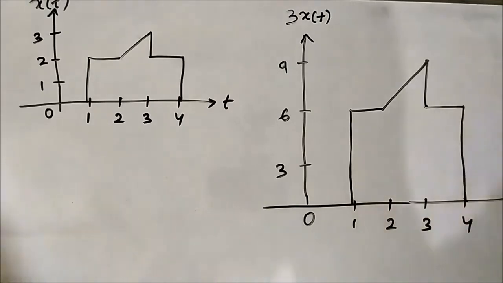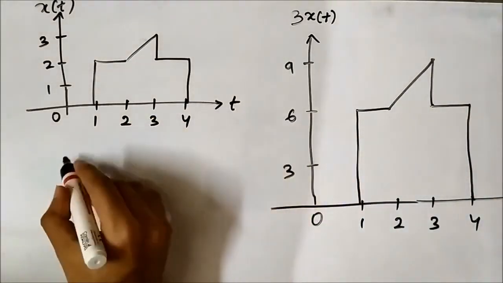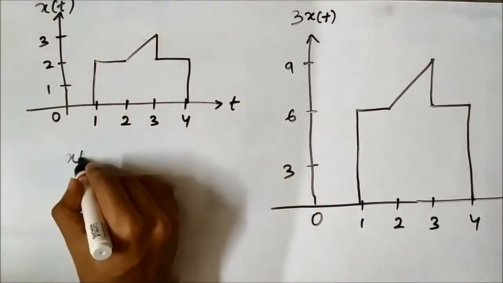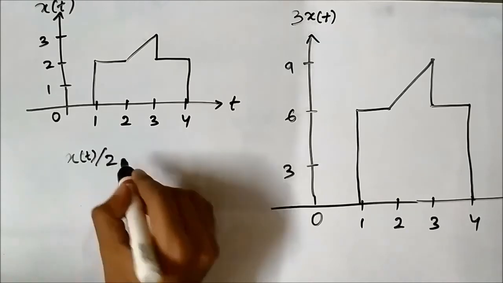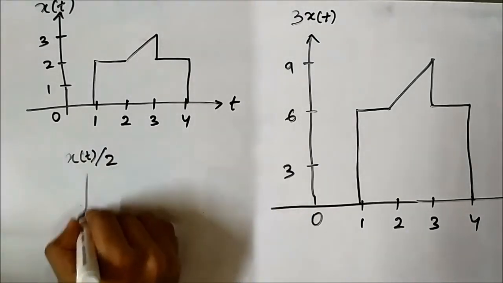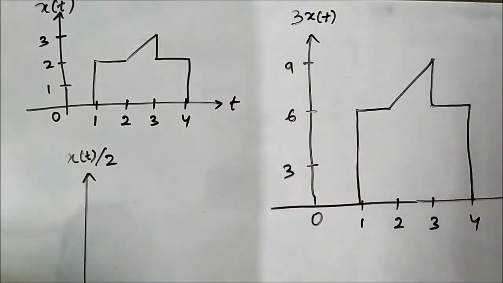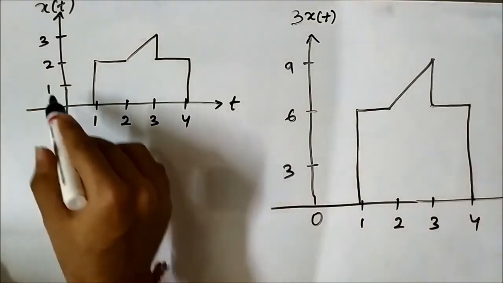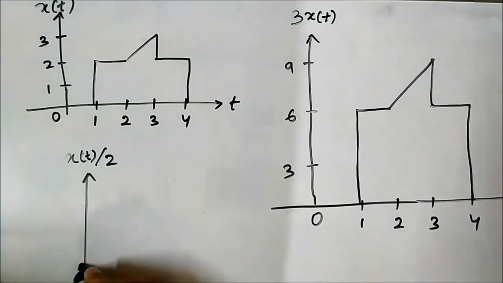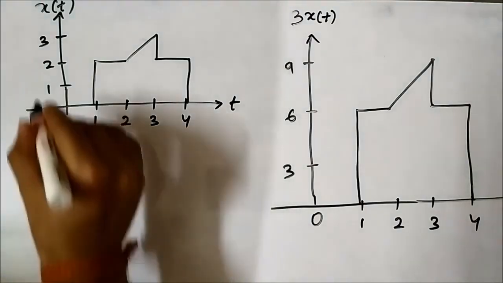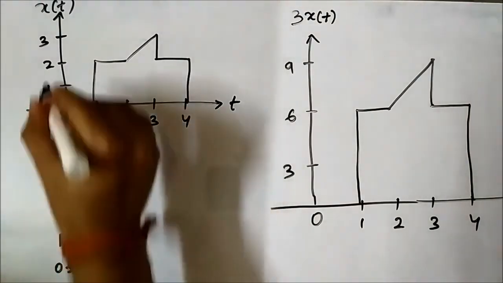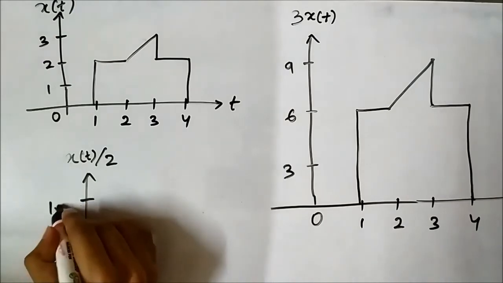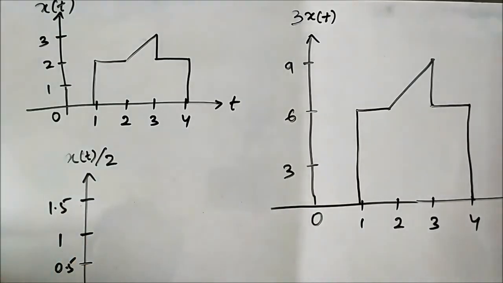So in the same signal, if we have to perform a scaling down operation, let us say x(t)/2, then again we identify the amplitude points and multiply them by the scaling factor, which is 1/2. So it will become 0.5, 2 by 2 is 1, and 3 by 2 is 1.5. And it will exhibit the same pattern.